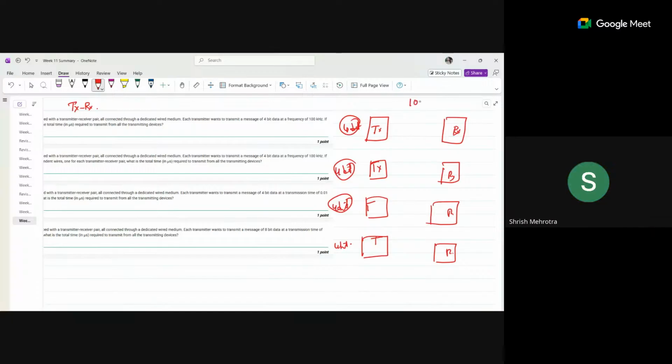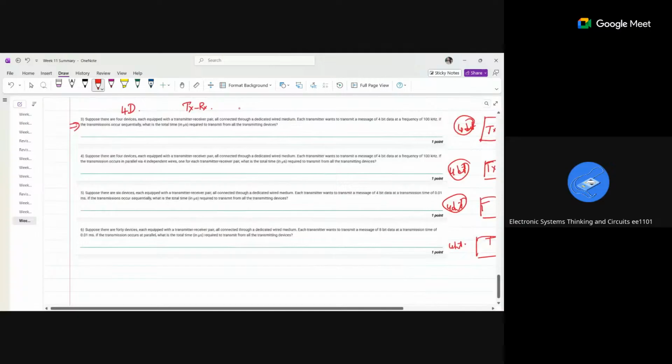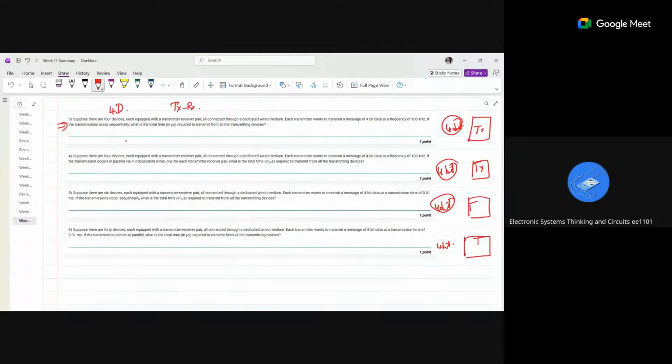How will we know if it is serial or parallel? You have to read the question. If the transmission occurs sequentially, it is one by one.